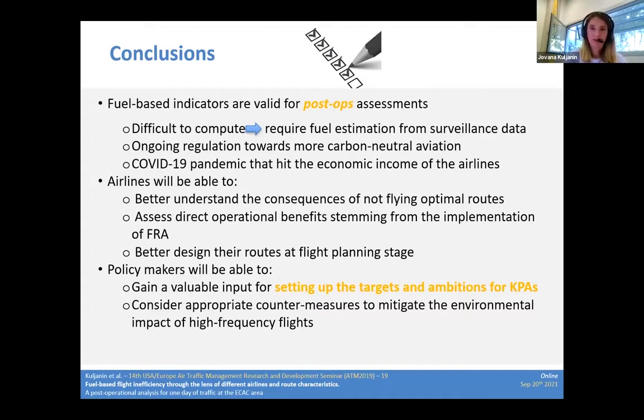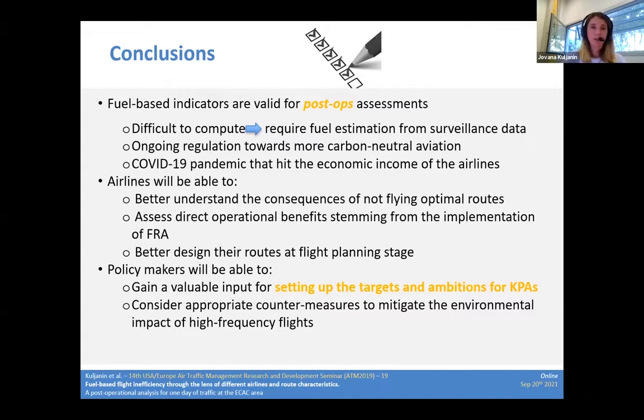Finally, as you can see, this paper aims to demonstrate the benefits of the methodology which employs the advanced parameter estimation and trajectory optimization. It is all these studies particularly relevant in the ongoing regulation toward more carbon neutral aviation, and particularly in the COVID pandemic, which severely hit the economic impact of the airline.